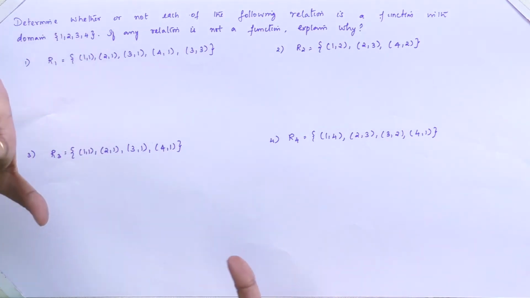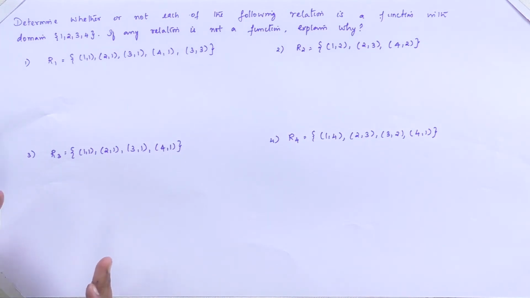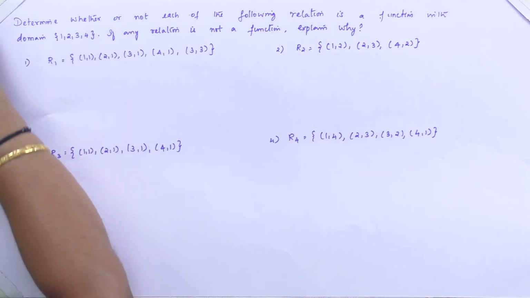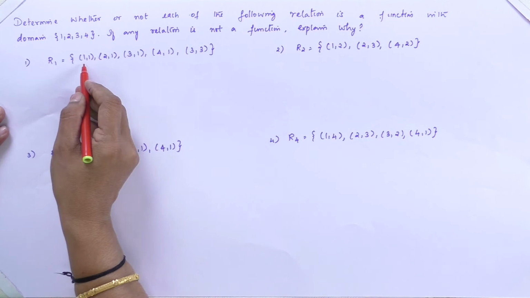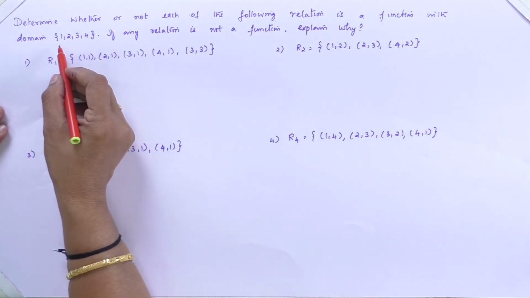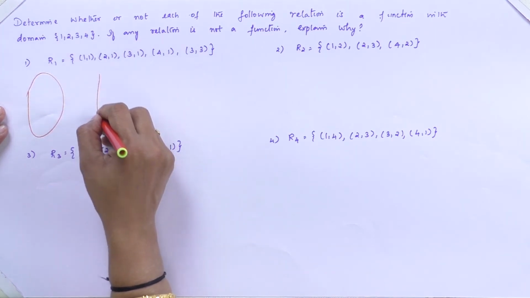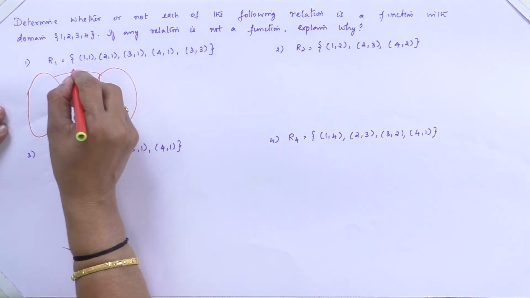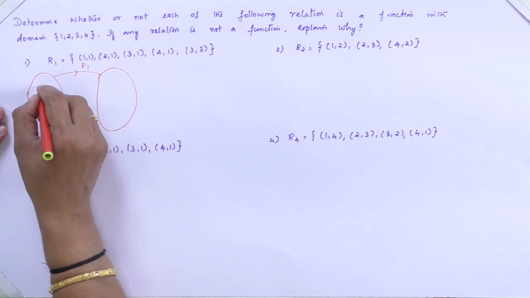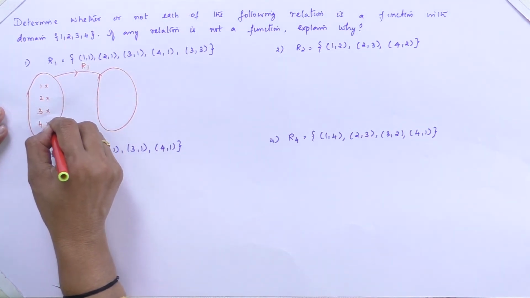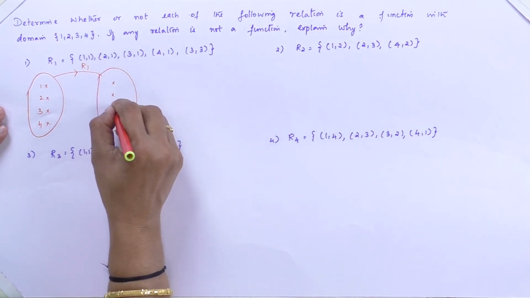Function means each and every element in my X has to be uniquely mapped onto my Y. So now I have R1, with domain 1, 2, 3, 4, and a codomain. Whether this is a function or not, you will have to help me out.